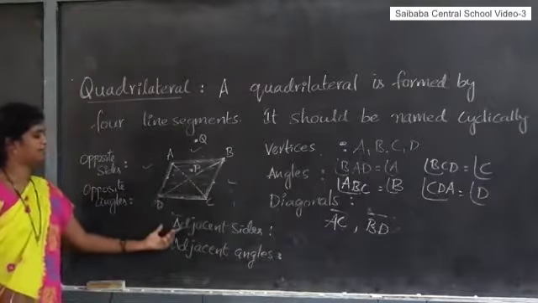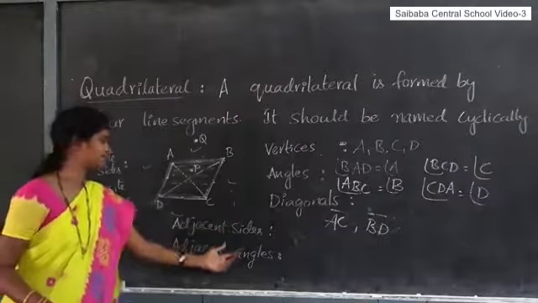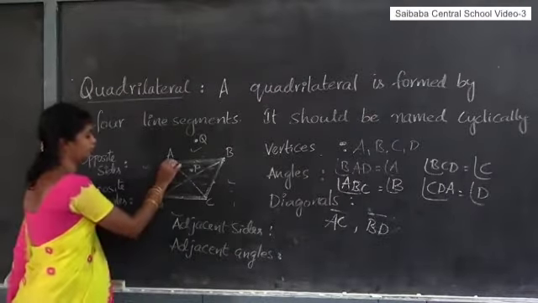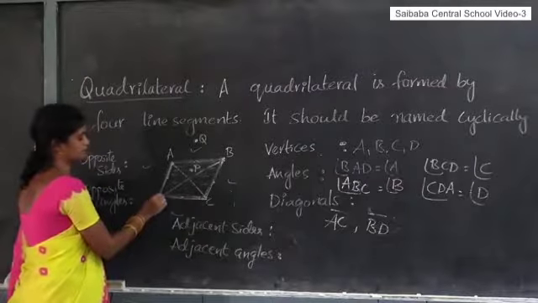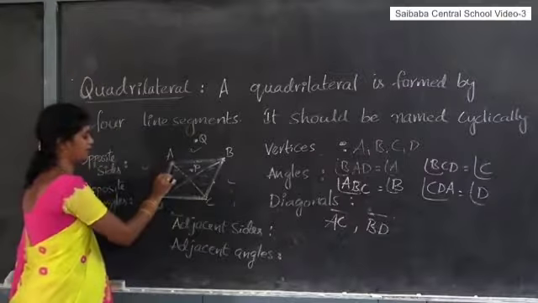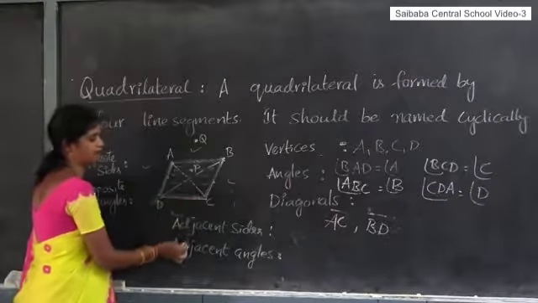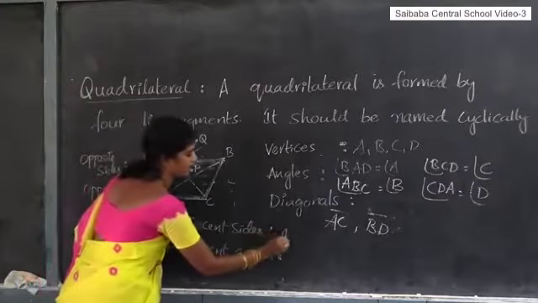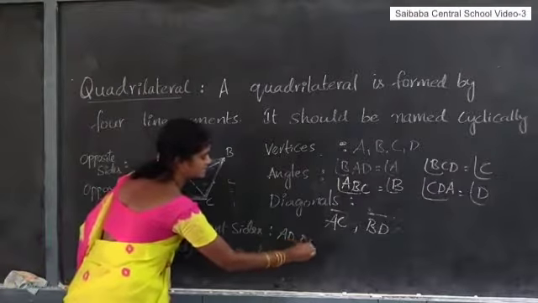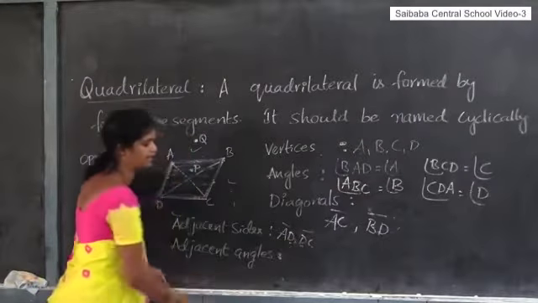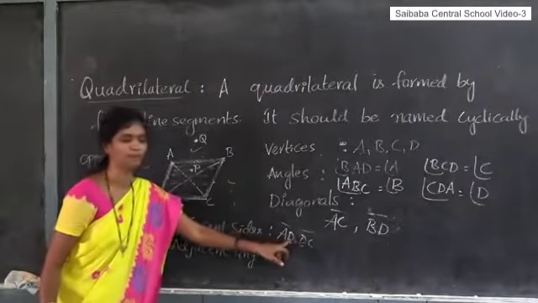And next one is adjacent sides. So what are the adjacent sides in this quadrilateral? If you take AD, this point is shared by the line DC. So AD, DC are called adjacent sides. These sides should have one common point.